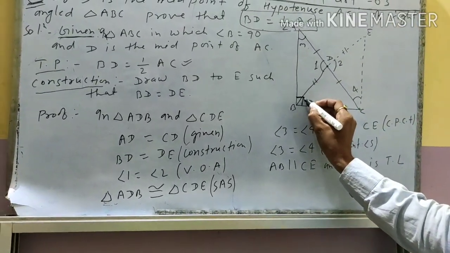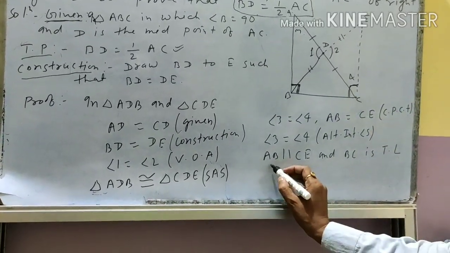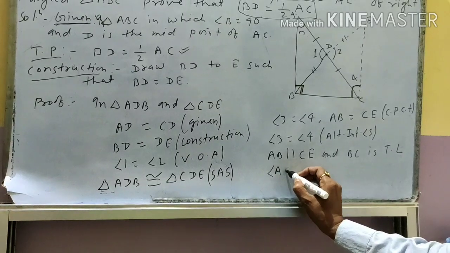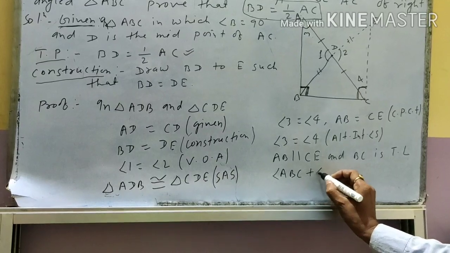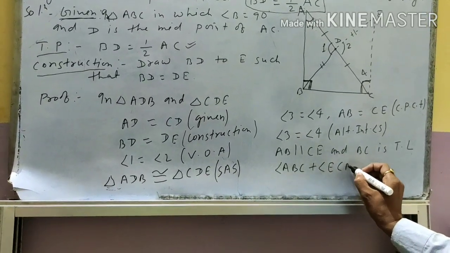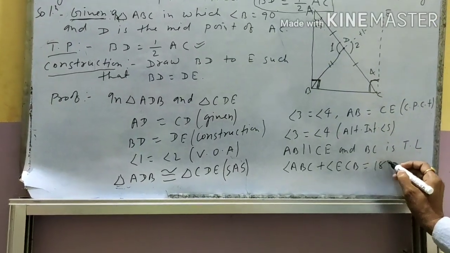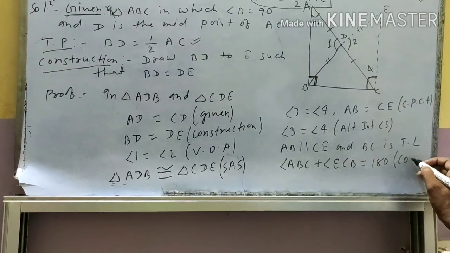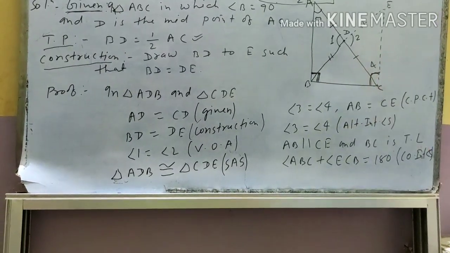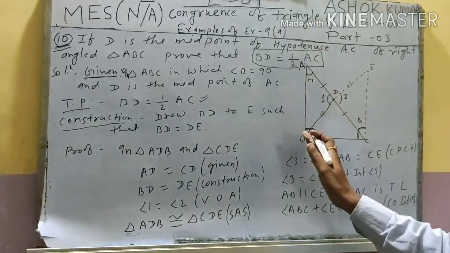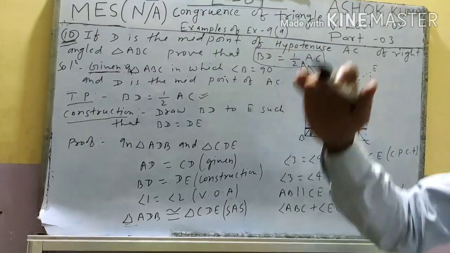So the sum of this angle plus this angle is equal to 180 degrees. So here write down angle ABC plus angle ECB is equal to 180 degrees. The reason is co-interior angles: the sum of these two angles is 180 degrees, because this line is parallel to this line and this is the transversal line.